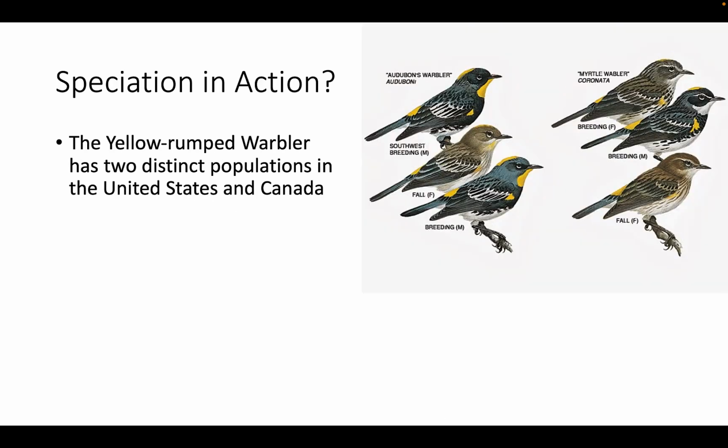Now, a brief little bit about speciation in different warbler species. So we have the yellow-rumped warbler that has two distinct populations in the United States and Canada, and actually two additional populations in Mexico and Central America.